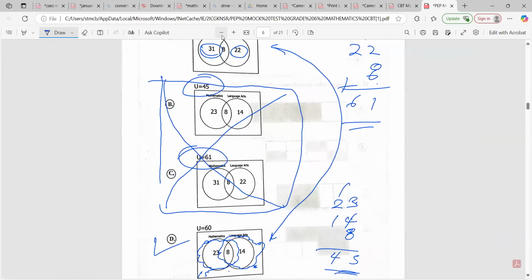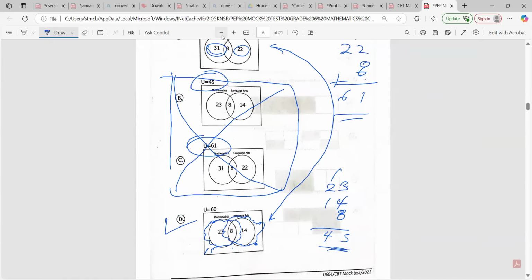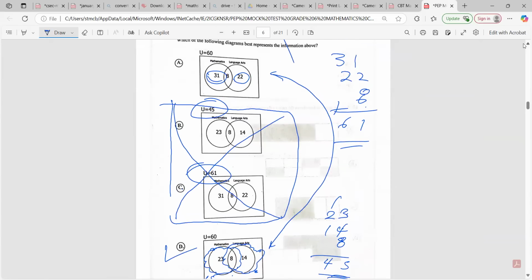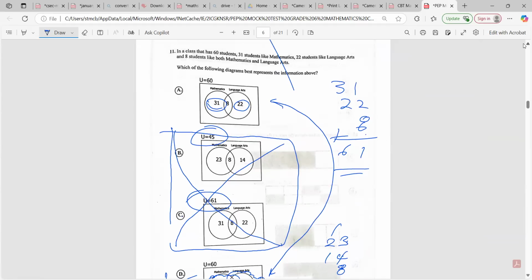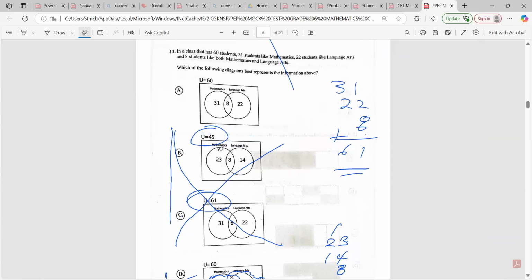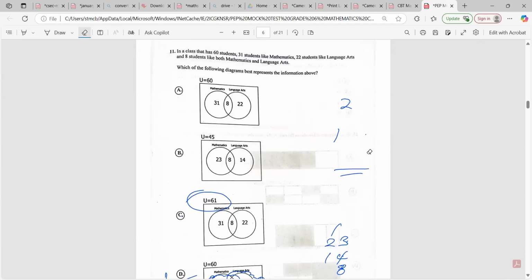Okay, so my answer was A. The question said that 60 students were in the class, something like that, and 31 students like mathematics, 22 students like language arts, and 8 students like math and language arts.